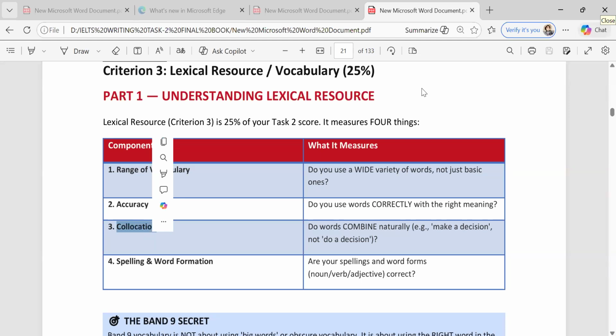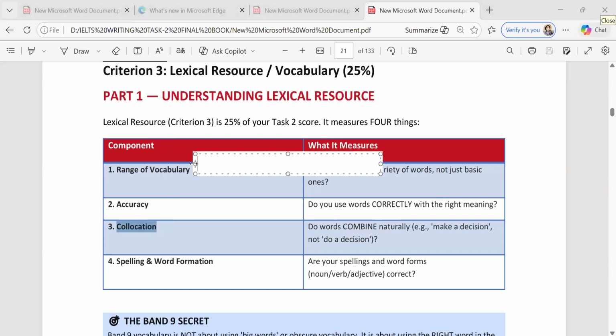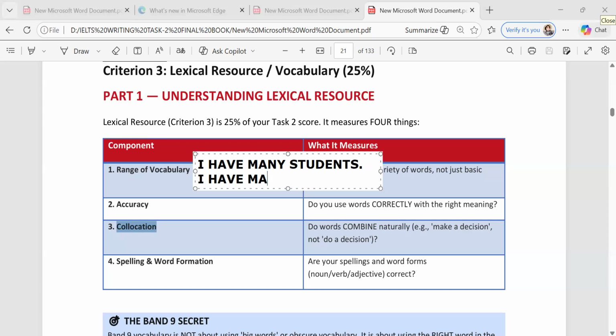For example, what if I say, I have many students, with students as a noun? And what if I say, I have many intelligent students?